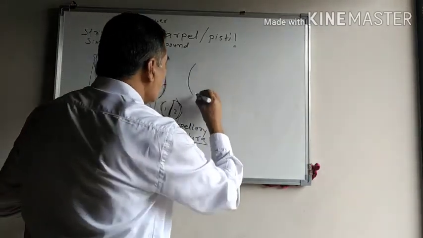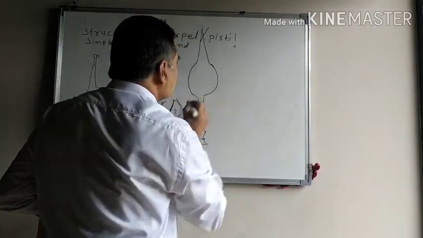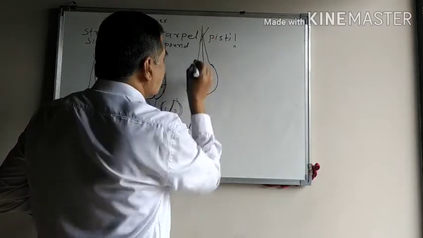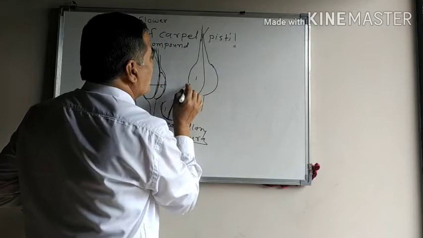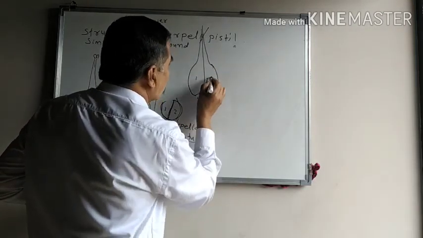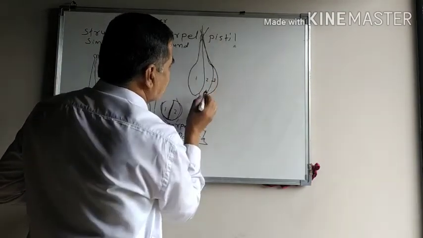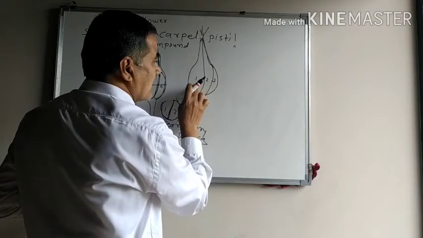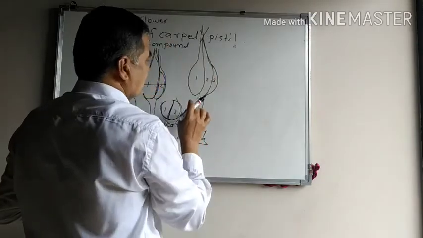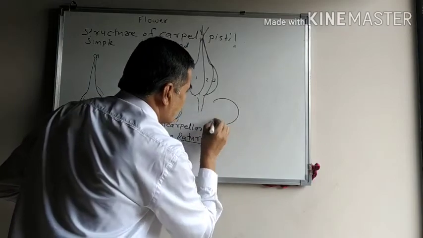Then again, the ovary made up of tricarpellary. Means here, one ovary wall forms a single carpel, the second ovary wall forms the second carpel, and the back side third one forms the third carpel. Together, the walls of the three fuse together, forming a tricarpel.